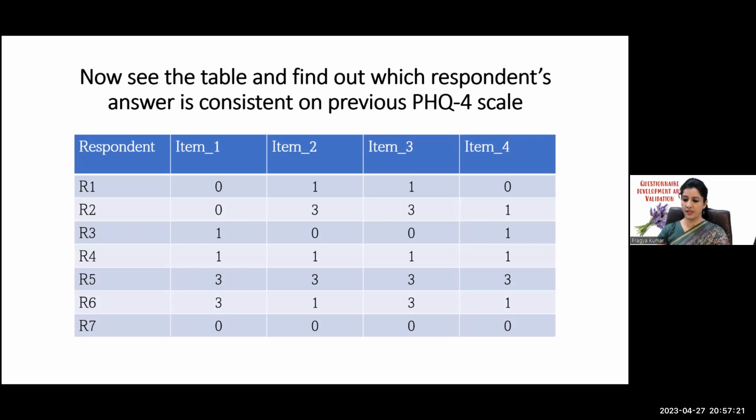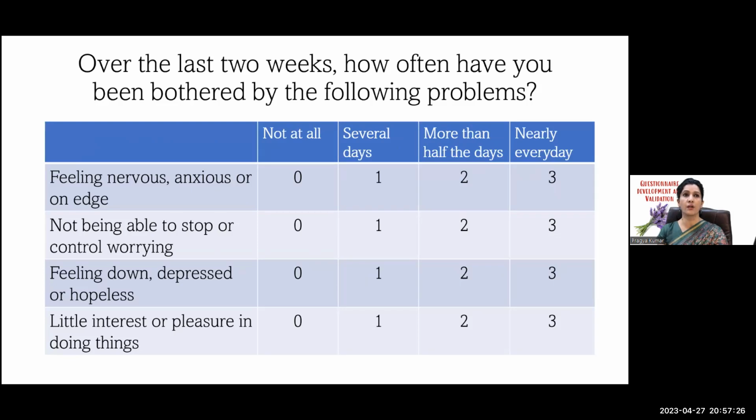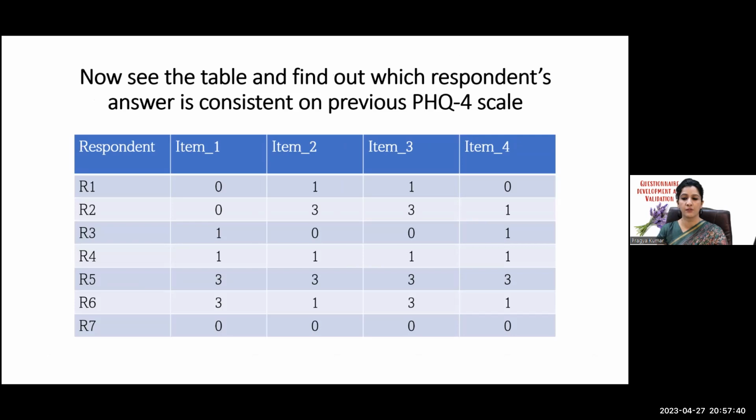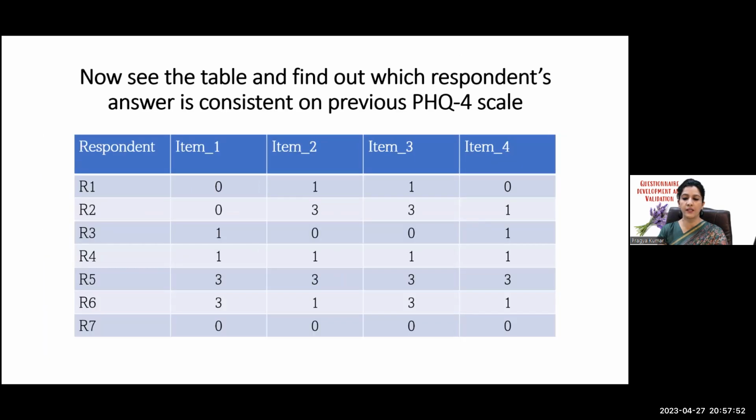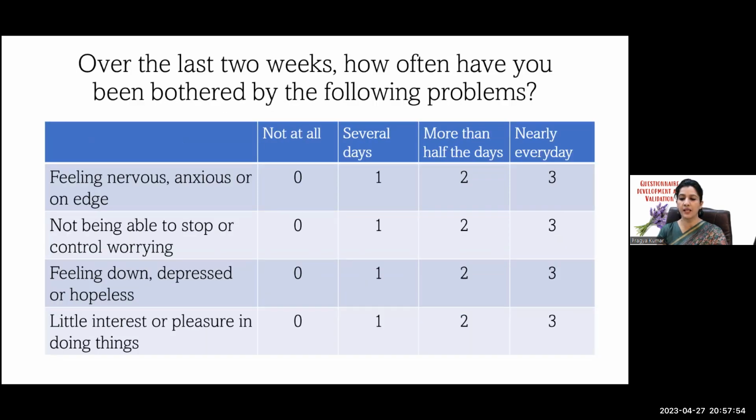Extreme responses. Yes, if you see this, 0 says not at all. So if the person is feeling nervous, anxious or on edge, not at all, or several days, then how can it be 0 and 3? On the first item he has said not at all, and on the second item, which is not being able to stop or control worrying, he has said 3, that means nearly every day.